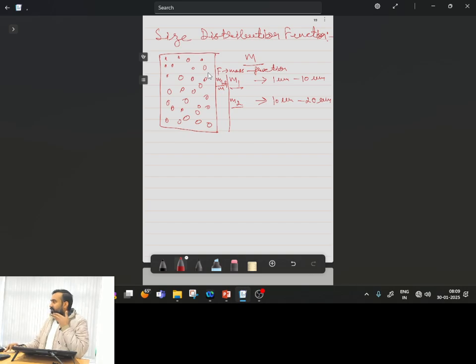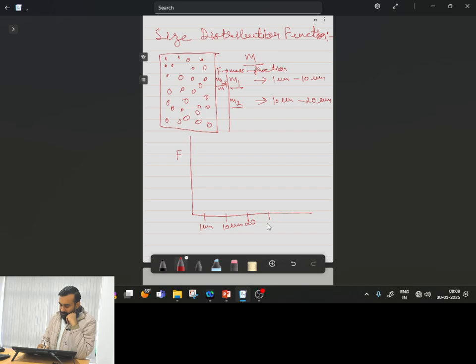Once we have this type of characterization based on size in terms of mass fraction, I can plot the fraction f as a function of particle size. Say particle size starts here from 1 micrometer, this is 10 micrometer, this is 20, 30, 40 or so.